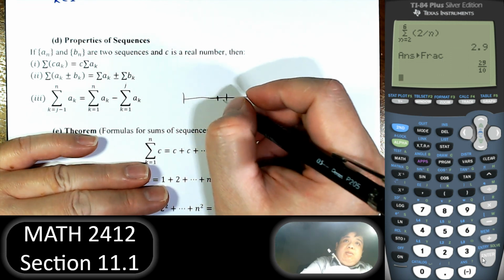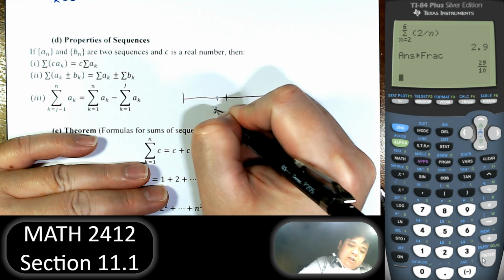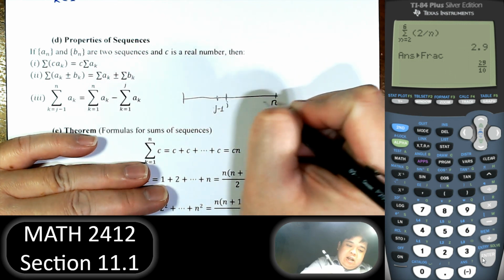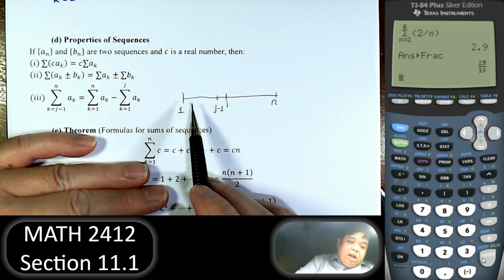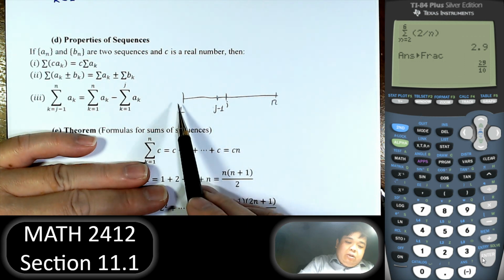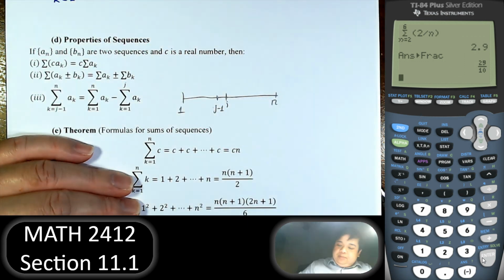This one is j minus 1 and this one is j, and this is n, this is 1. So instead of going from 1 to n, we take out from 1 to j. This will be a plus.